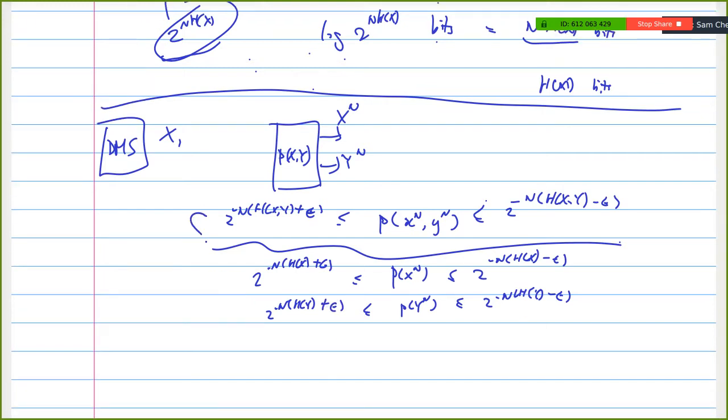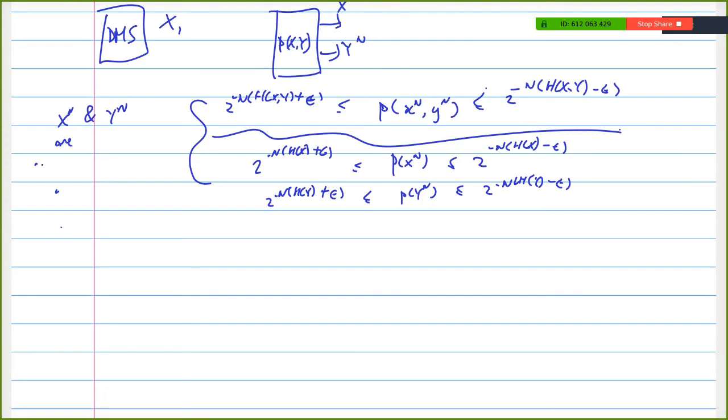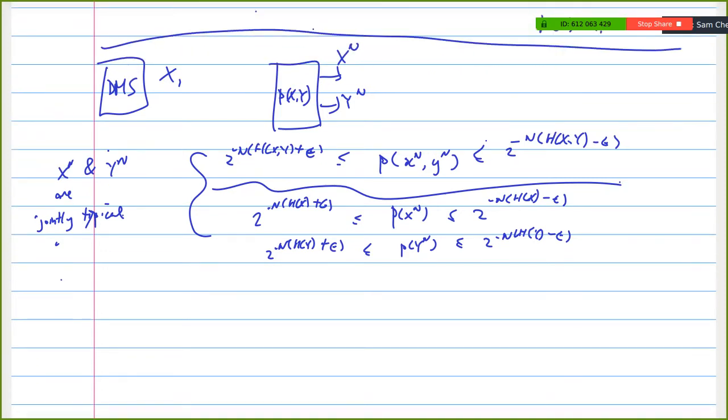So if these three conditions are satisfied, we say x^n and y^n are jointly typical. And of course, this is again some kind of tautology, because any joint sequences drawn out of that source are essentially jointly typical.